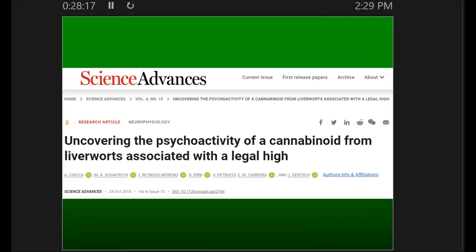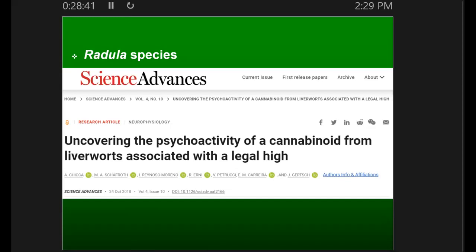It's a Radula species that this paper is talking about. That has grabbed the attention of a lot of scientists, looking at how similar it is to, in this case, THC. It's very similar in terms of its chemical structure.